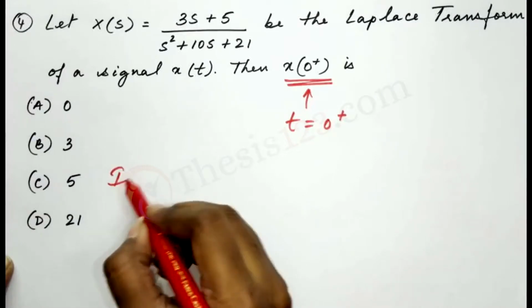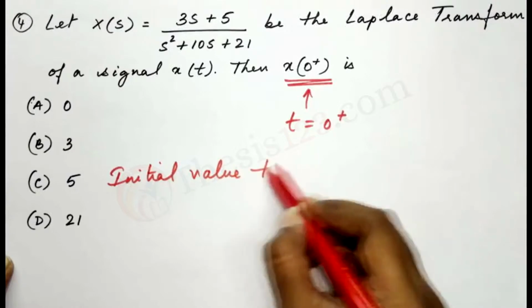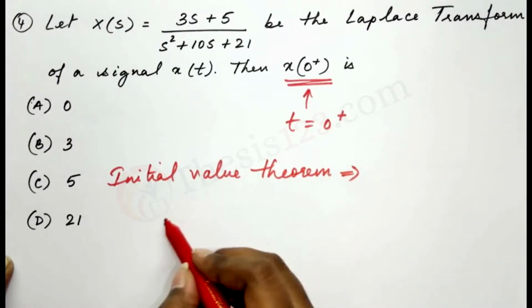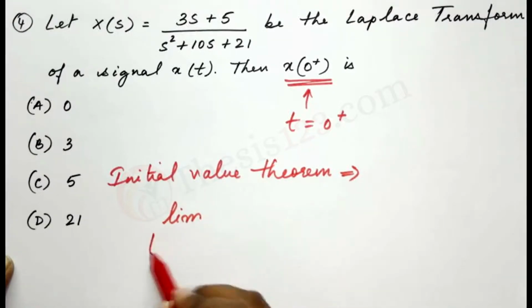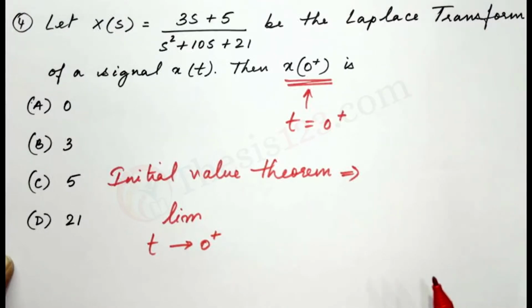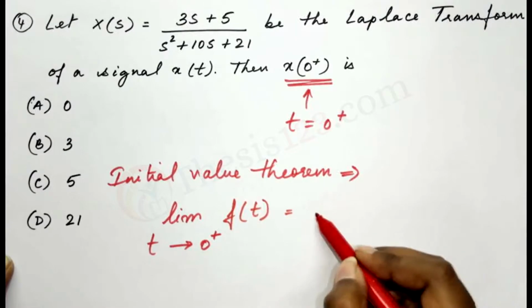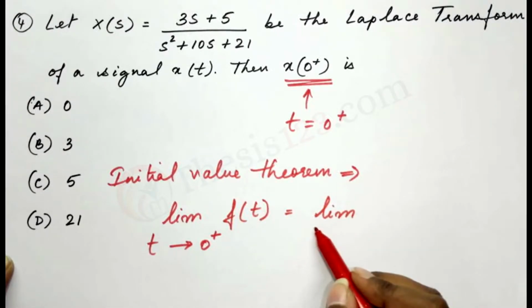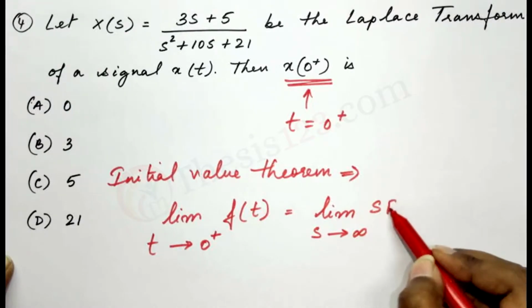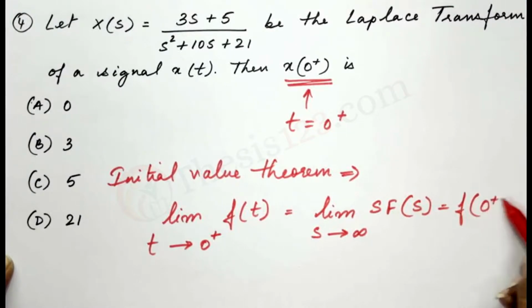The initial value theorem states that the limit as t tends to 0+, so this is our initial value, of f(t) equals the limit of s tending to infinity of s F(s), which equals f(0+).